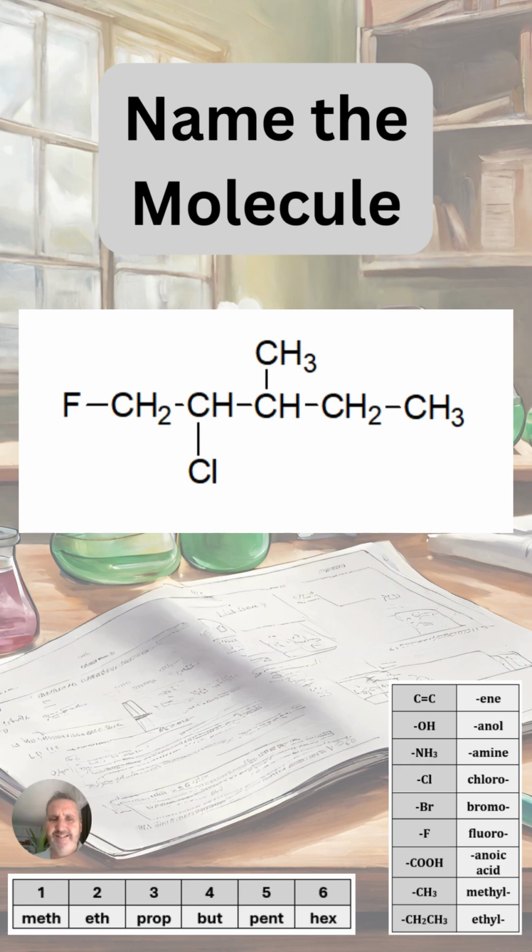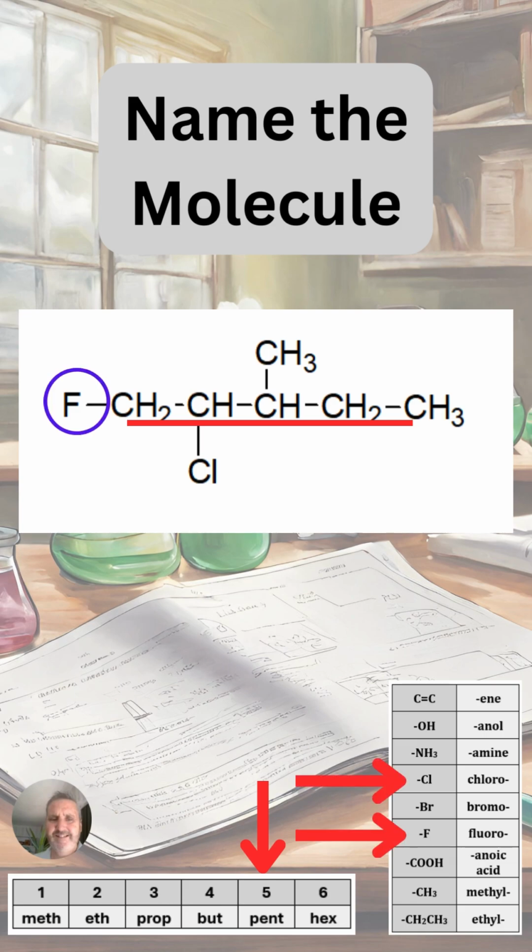Right, on first inspection, this molecule looks kind of busy. We can see that there are 5 carbons in the longest chain, so it's going to be a pentane molecule. We can see also that there are 3 substituents coming off: a fluorine atom, a chlorine atom, and a methyl group. So we have fluoro, chloro, and methyl as our substituents. We know we're going to write chloro and fluoro at the start, and we're going to put them in alphabetical order.